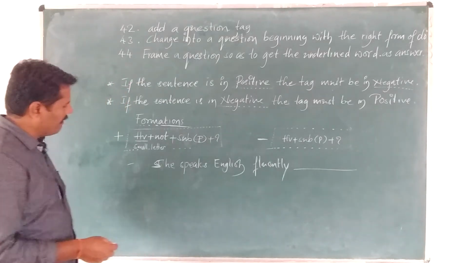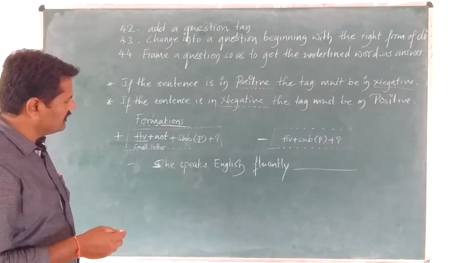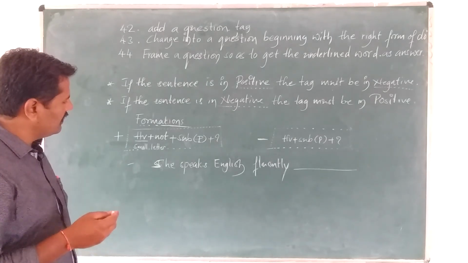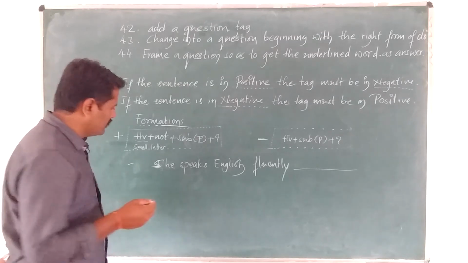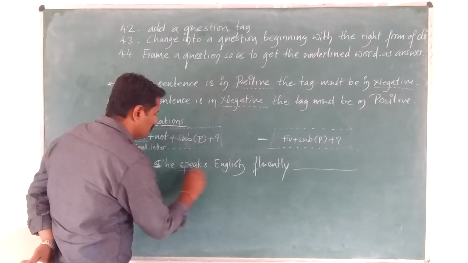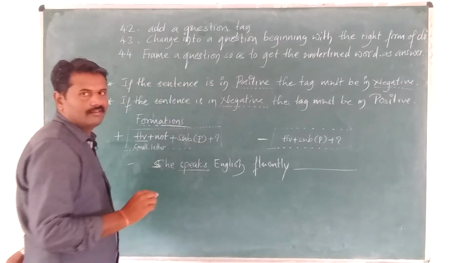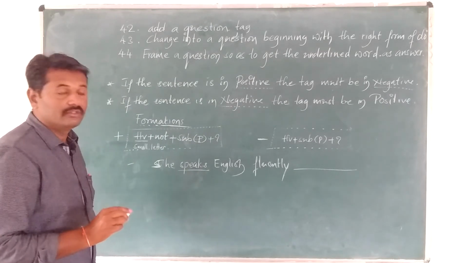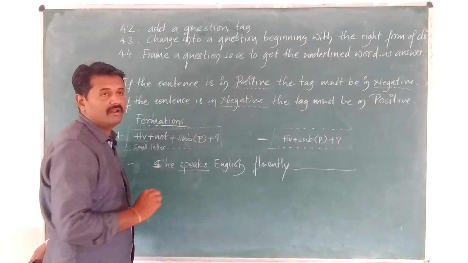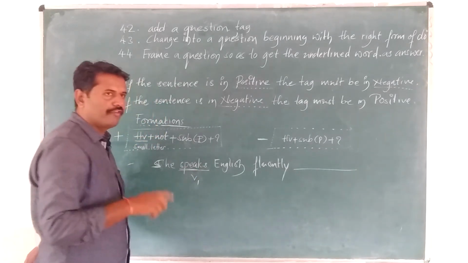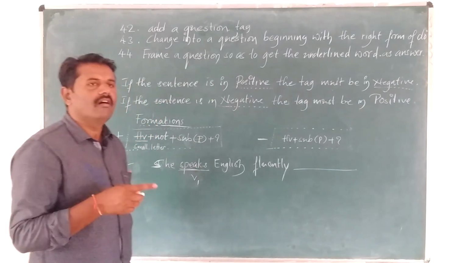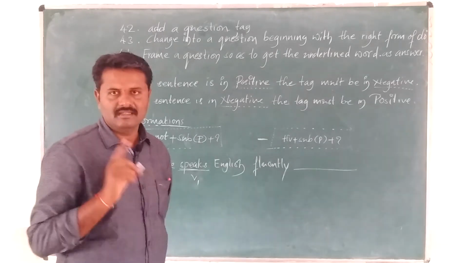First you identify whether it is simple present tense or past tense. So here, she is there. What is that? Speaks. So then we confirm it is in simple present tense. The main verb is in V1, and V1 is used in present tense.